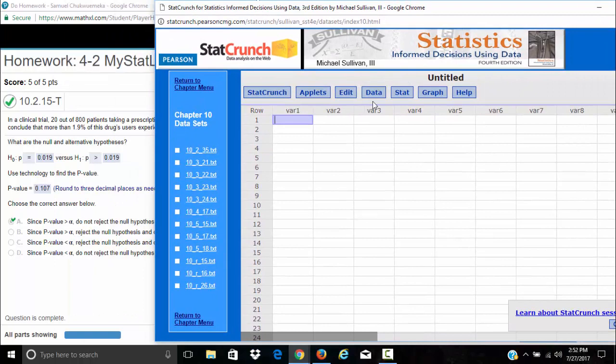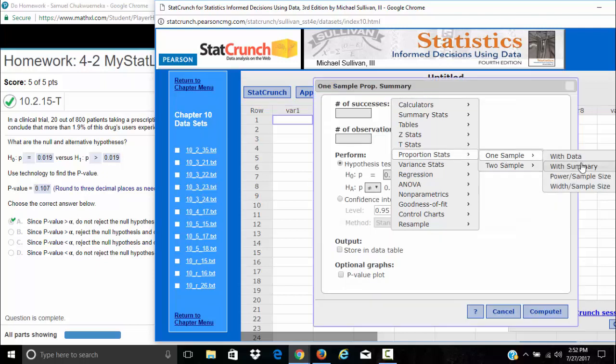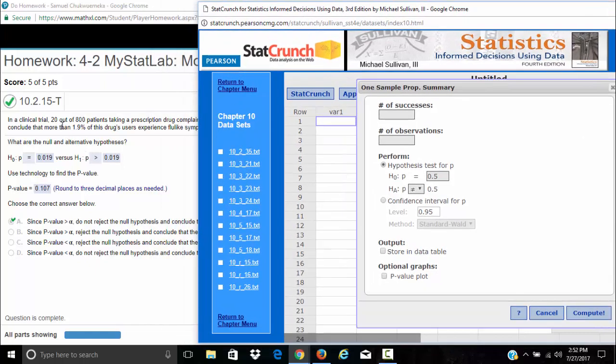You come over here, start, you go to Z stats, actually proportion stats, I mean proportions. Okay, this is one sample with summary. Number of successes, your X, is 20. Number of observations is your sample size, 800.